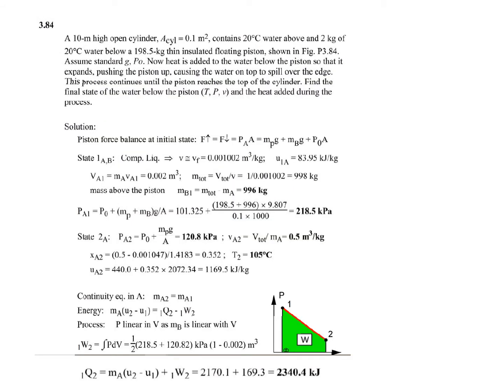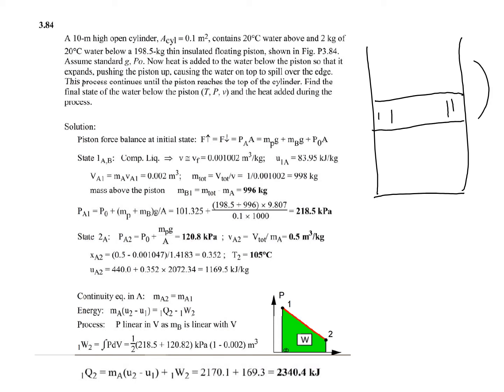So now we have a problem in which we have a piston cylinder assembly with two different domains. The one is this piston cylinder assembly, and there is this insulated piston, so heat cannot move across this piston.